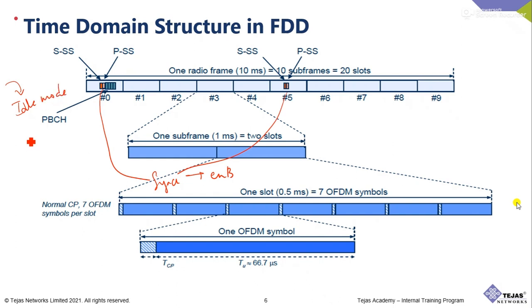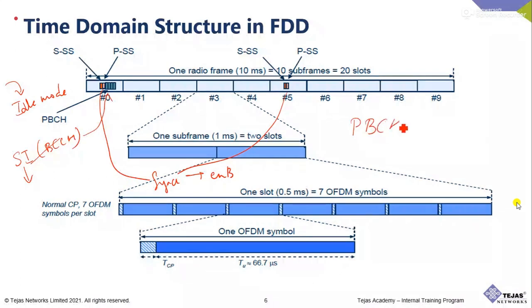That's very important, right? If you know about 2G, in 2G we had something called the BCCH channel, which used to broadcast something called system information, SI. Similarly, along those lines, we have something called PBCH.